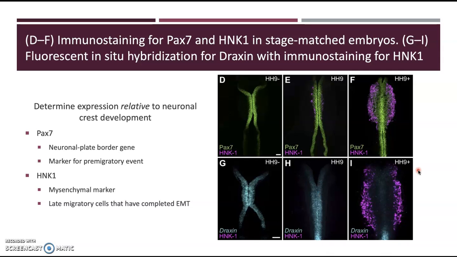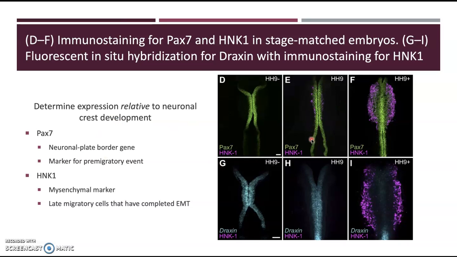However, at the late stage, we see a similar pattern of HNK1 expression, and then we see that Draxin is no longer present, as shown by the relative decrease in intensity. And so what this is demonstrating is that Draxin is co-localized with our PAX7 marker, meaning that these two are both expressed during the pre-migratory stage of the neuronal crest development.